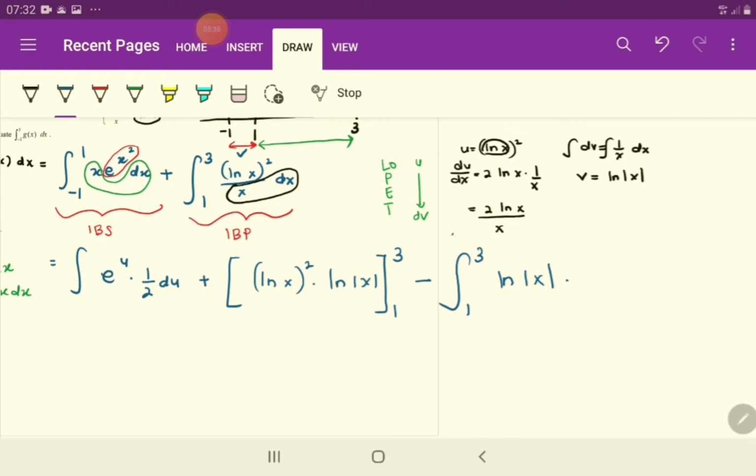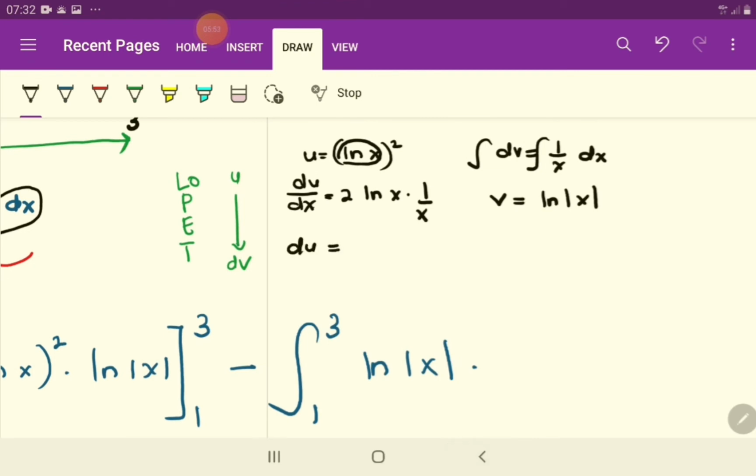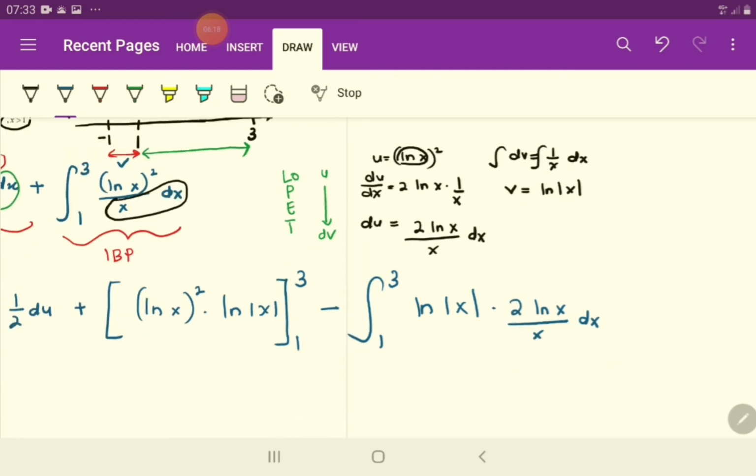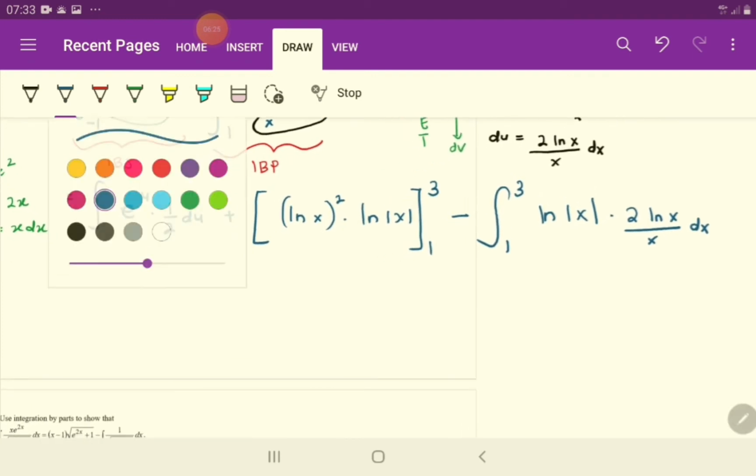I forgot to write down the du. Maybe I can erase this and write down my du. du is equal to 2 ln x over x dx. So if I want to substitute into the formula, I have 2 ln x over x dx; this is my du. Let us settle the substitution part.